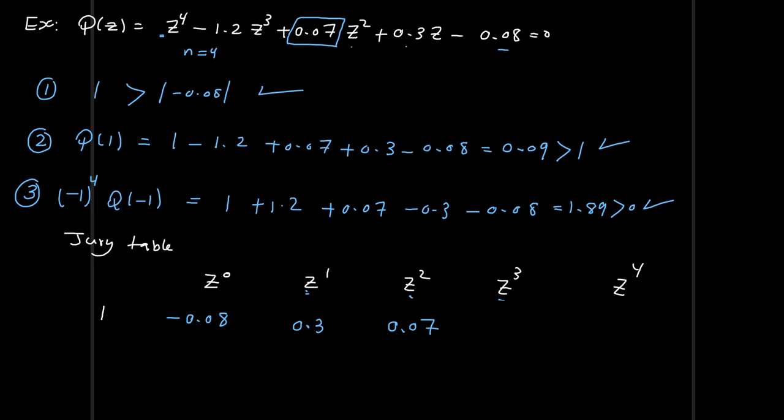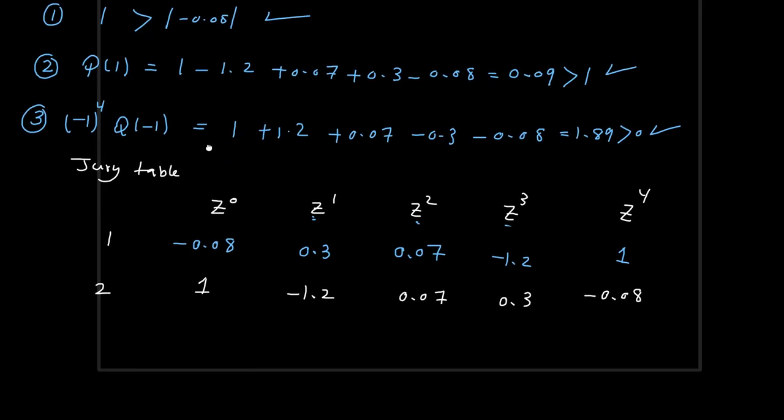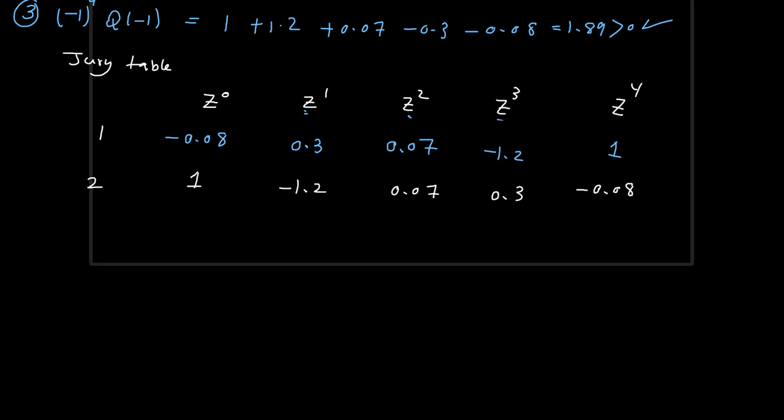The coefficient of z to the power 3 is minus 1.2, and finally the coefficient here for z to the power 4 is 1. Now the second line is identical to the first line, reversed in order, so this will be 1, this will be minus 1.2, this will be 0.07, this will be 0.3, and this will be minus 0.08.